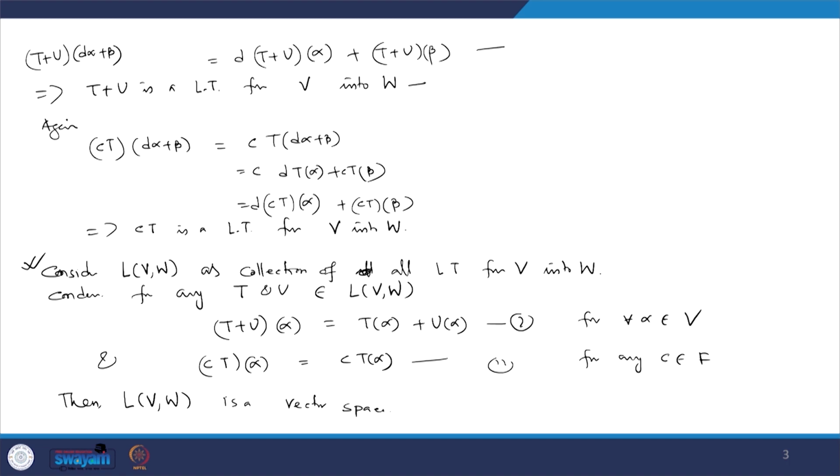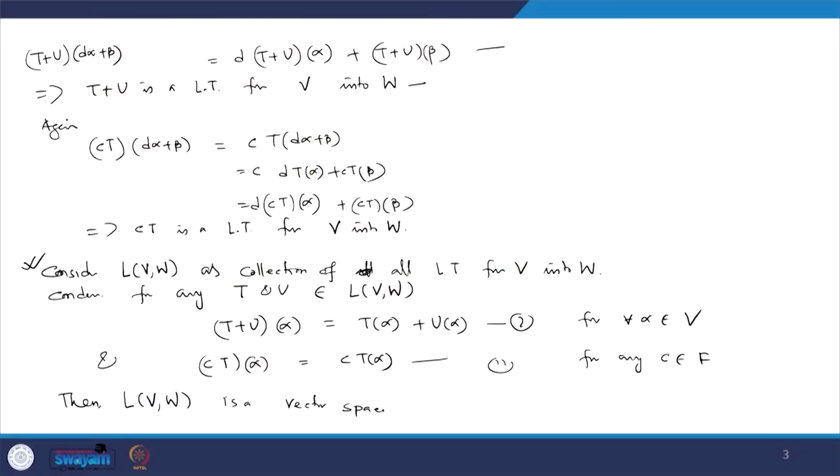So, this will be a subset of the vector space consisting of all the functions from V to W. You have to show that the set of all these linear transformations will be a subspace of that set.